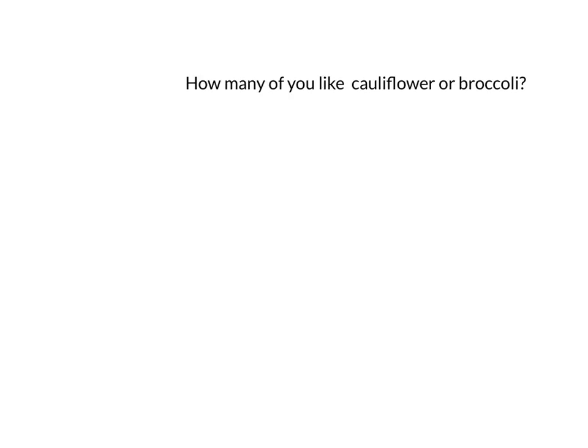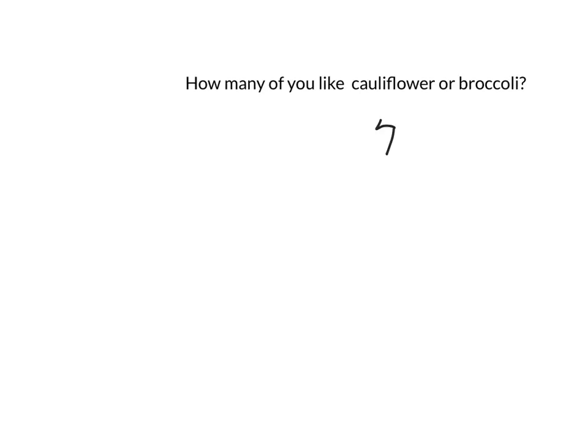How many of you like cauliflower or broccoli? Let's do that. How many of you like cauliflower? Raise your hand. 1, 2, 3, 4, 5, 6, 7. I see 7 hands. 7 of you like cauliflower. How many of you like broccoli?